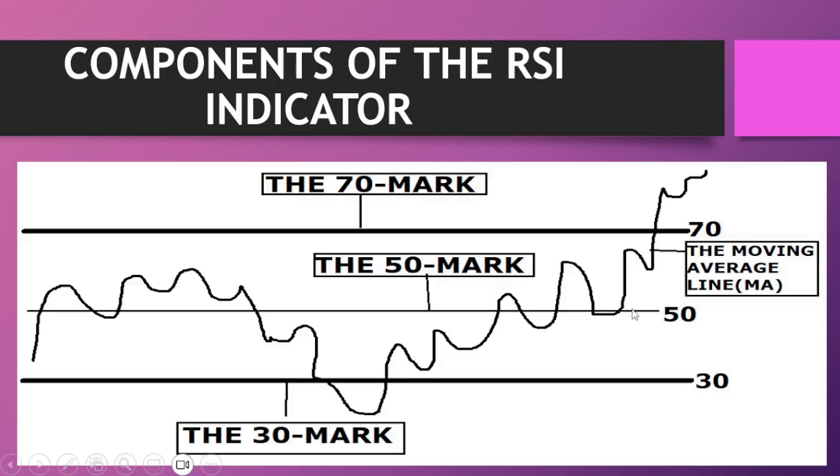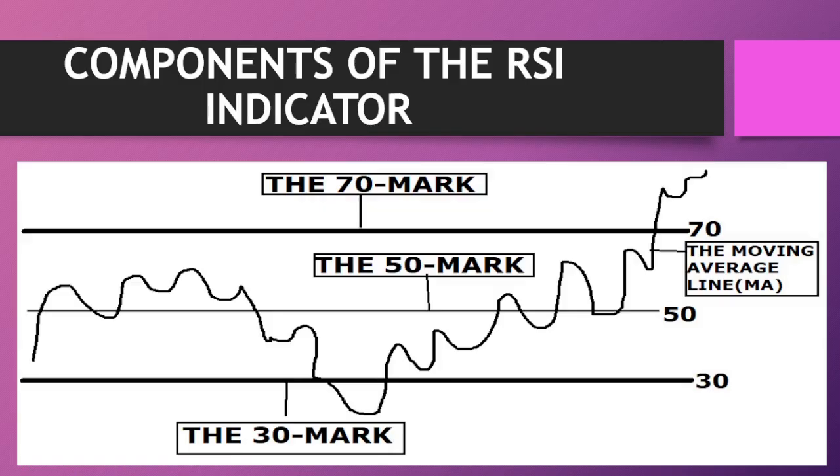Between the 70 and 30% mark or lines is the 50% mark or line of the indicator, which measures the bearish and bullish conditions of the market.